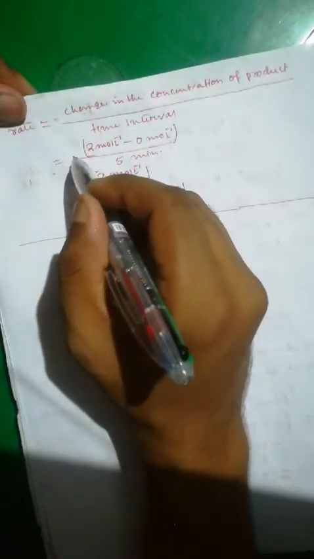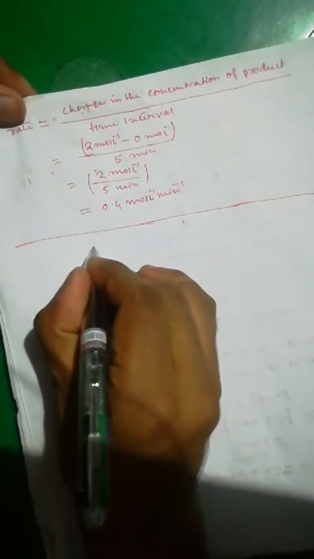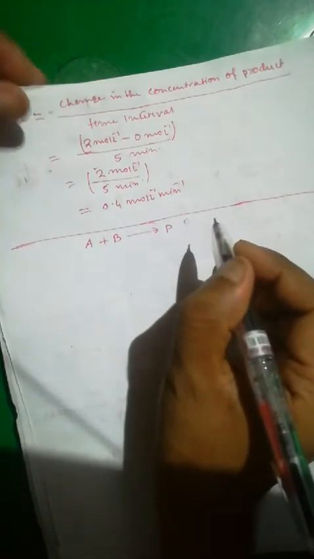So change in the concentration of the product or change in the concentration of the reactant, how to denote mathematically the change in the concentration, right? There are two ways to show the change in anything. Suppose the reaction was A plus B to P. All right.